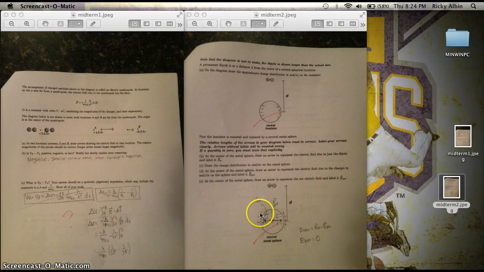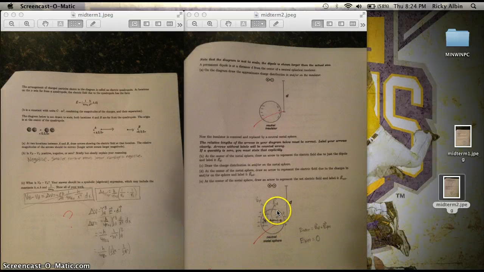And then we're swapping it out with a conductor here, a metal sphere, and we're asked to draw the electric field due to the dipole and the electric field due to just the charges on and inside the sphere.